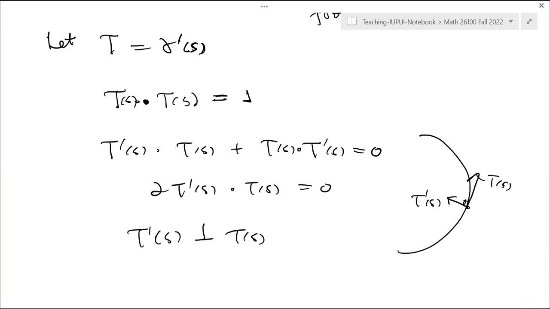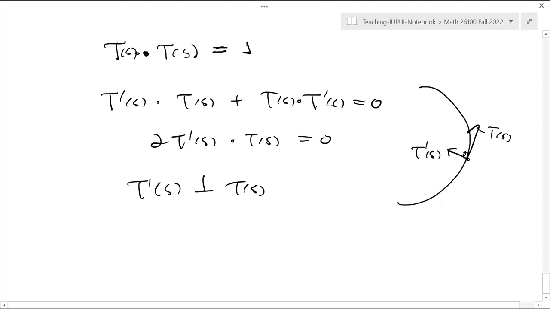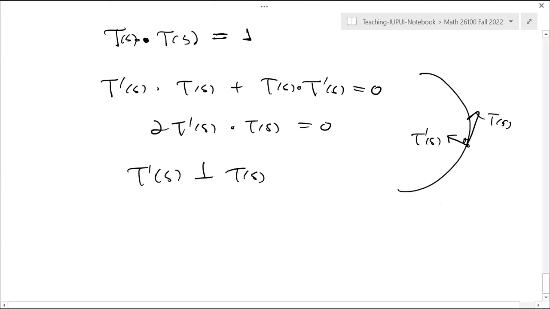Second, the length of this vector t prime: if it's getting longer, it's bending more. If the length is smaller, it's more flat. So that really measures how curved this curve is. I call it curvature.